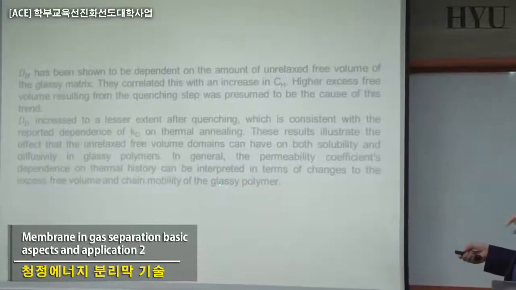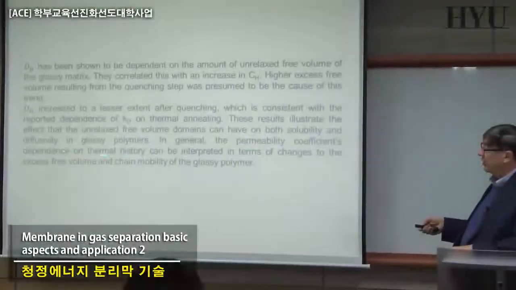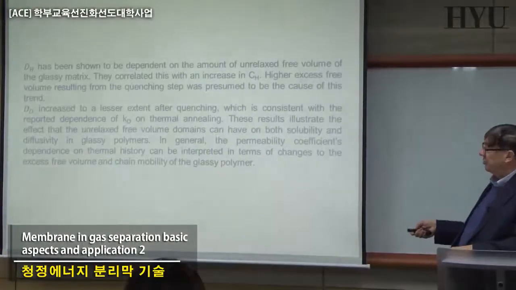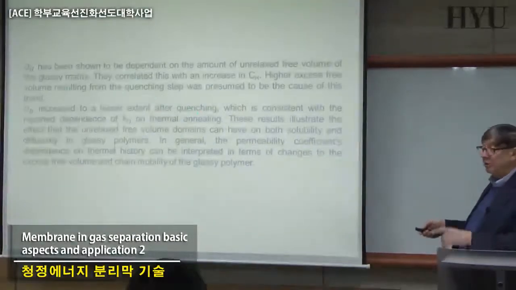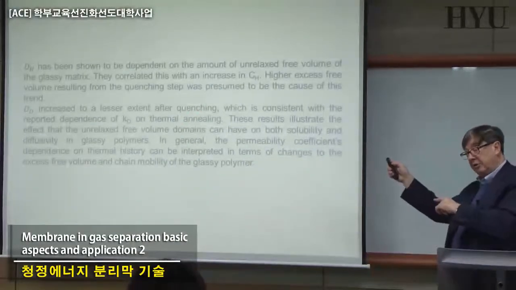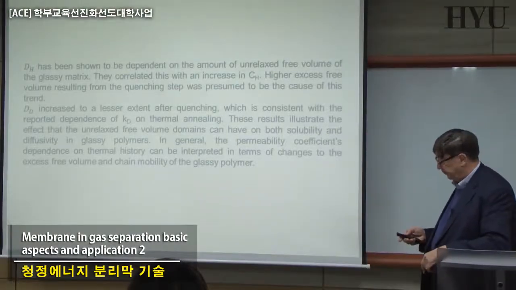All the transformations that your polymer can go through, particularly thermal history, can be interpreted in terms of change of the excess free volume and change of mobility of the glassy polymer, which can be measured through these absorption, desorption isotherms, and be understood in the logic of the dual sorption model.